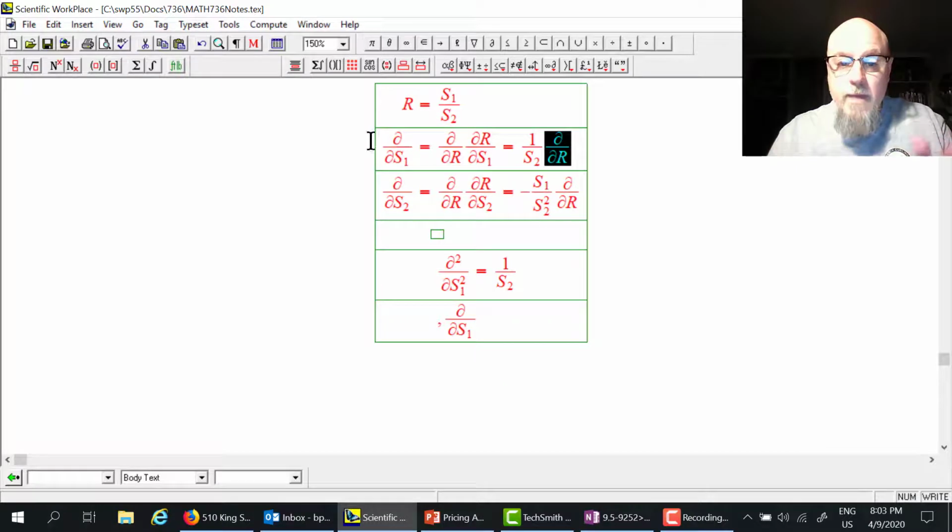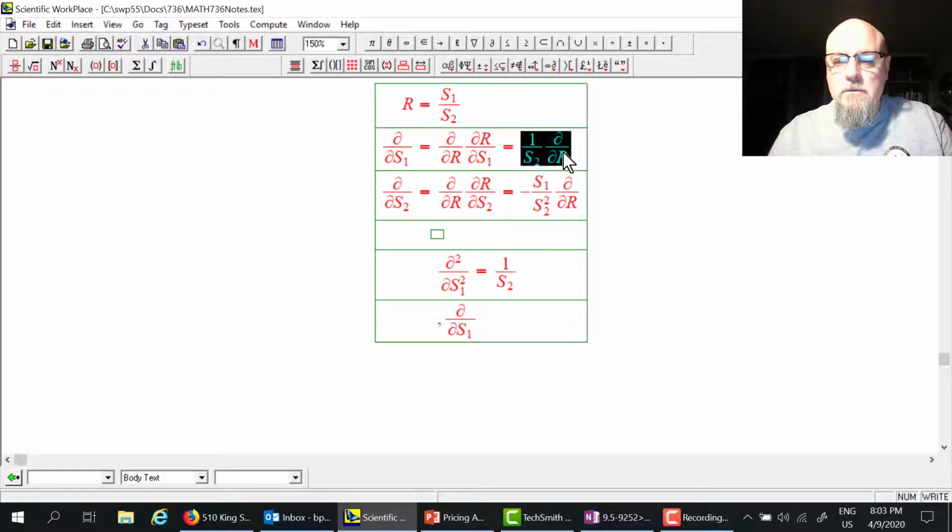The rule that we made is when you differentiate anything with respect to S1, you take that thing, multiply it by this, and then differentiate it with respect to R again.